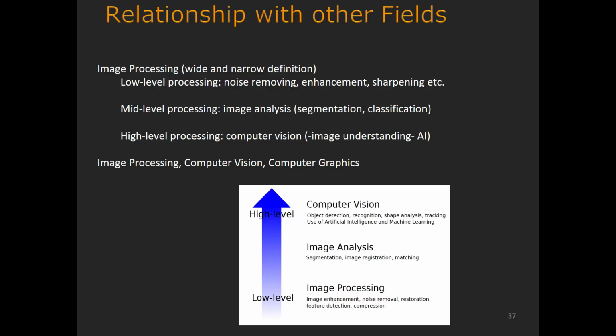Image analysis consists of segmentation, image registration and matching, while computer vision consists of object detection, recognition, shape analysis, tracking and the use of artificial intelligence, machine learning or deep learning. That comes under computer vision. But there is always overlap between computer vision and image processing.